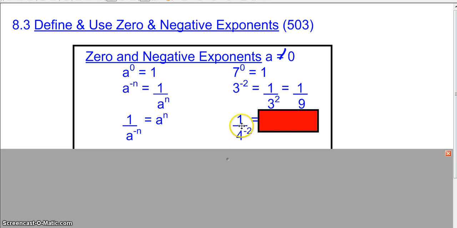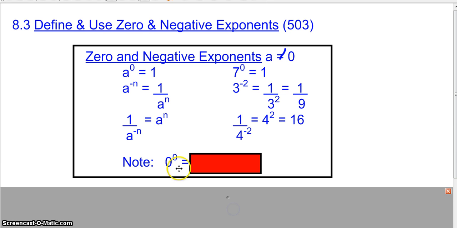So let's do this with a real example. If we have 1 over 4 to the negative 2, what do we have? 4 squared, which, if you were asked to evaluate it, is 16. Okay? Note, if we have 0 to the 0, what does that equal? Well, 0 to the 0 could be written as 0 over 0, and we just said you may not divide by 0.